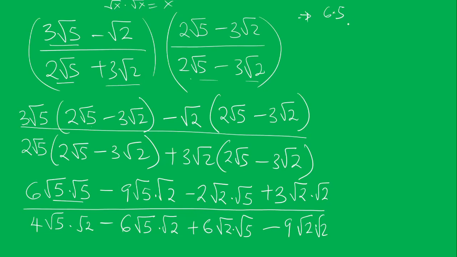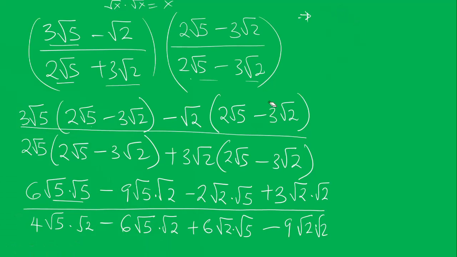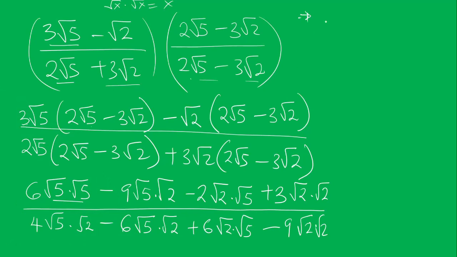So let me write 30 so that we won't be wasting our time here. Proceeding. Now you have minus 9 root 5 times root 2. So we also say if you have root x times root y, it's the same thing as root x times y. So 5 times 2 is 10.